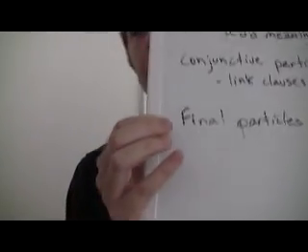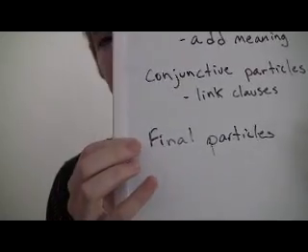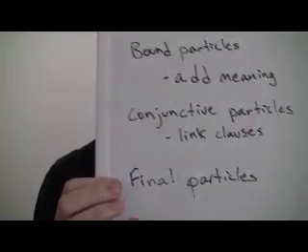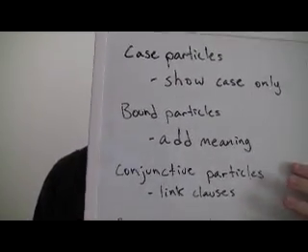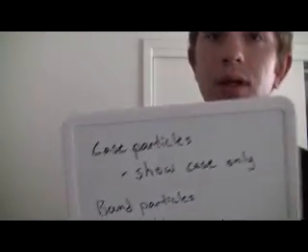And then you have final particles, and these are simple. They're just like they are in modern Japanese. They attach on the end of a sentence and show the speaker's attitude, like yo as an exclamatory particle, or ka, which shows it's asking a question.